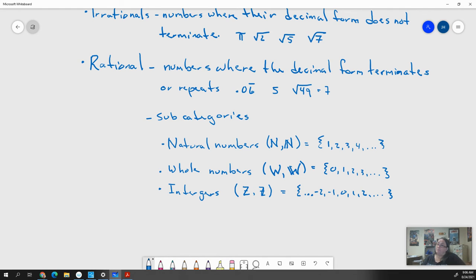The rational numbers are represented by the letter Q, not the letter R. And the reason for that is that R is used for the real number system to represent real numbers. Rational numbers are fractions. And fractions are division. And Q stands for quotient, right? Quotient's always associated with division.